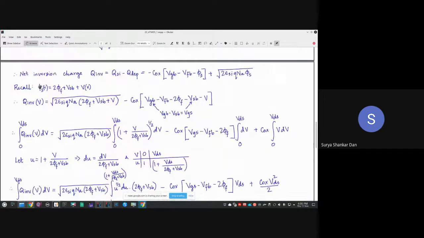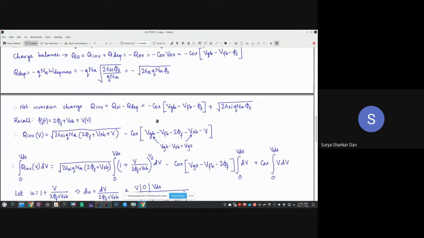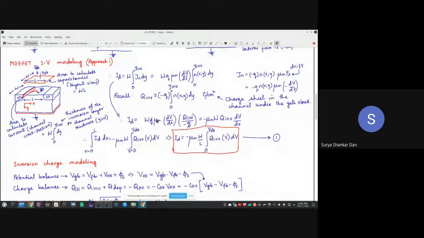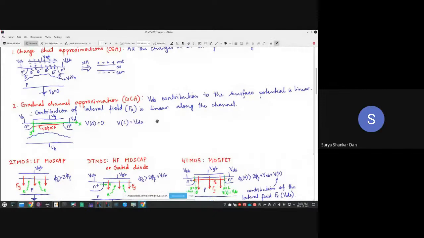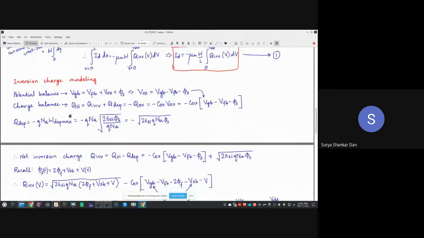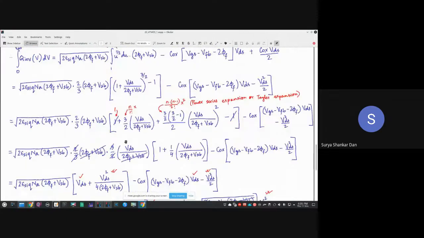Here, we did not bother about whether the variation of the potential along the channel was gradual or not. So there was no gradual channel approximation in this approach, and as a consequence, you can see it is slightly more hectic.